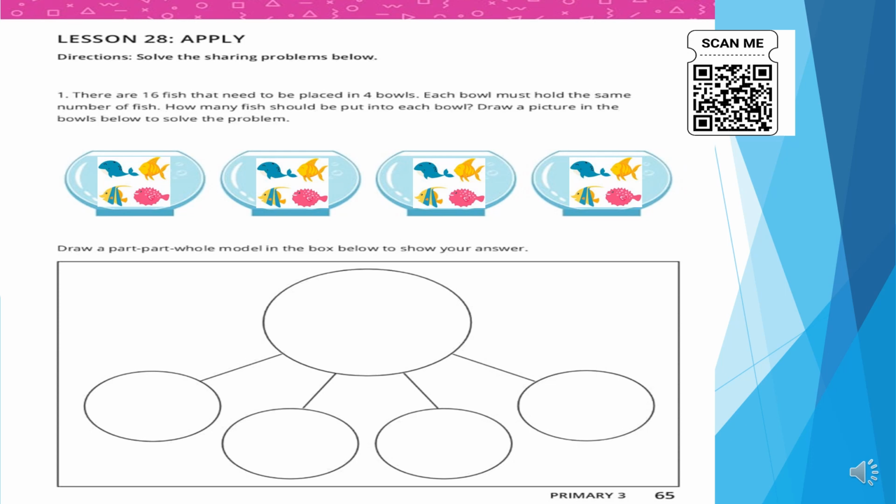So draw a part-whole model. This is called a part-whole model because we have the whole here, which is 16, and the parts. We will divide this 16 into equal parts, so we will divide it into 4 and 4 and 4 and 4.